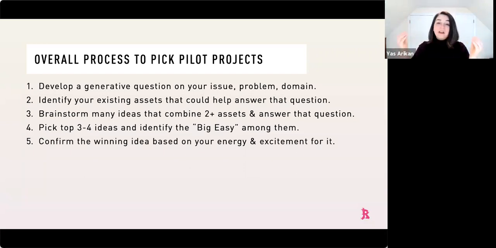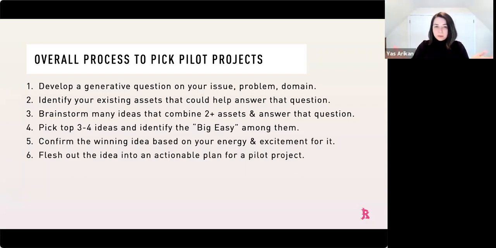It just depends on, sometimes the scores are very close. Sometimes one simply speaks more to you. It might be a little more difficult to execute, or maybe it's a little less impactful than the other idea, but energy and excitement in pursuing that opportunity are just as important as these more objective rankings in terms of impact and difficulty level.